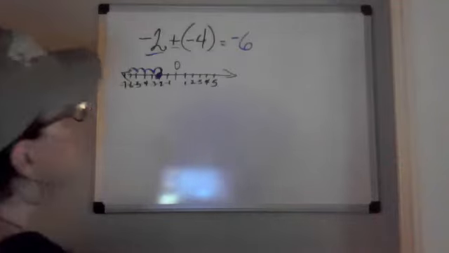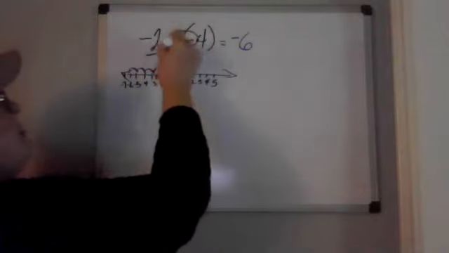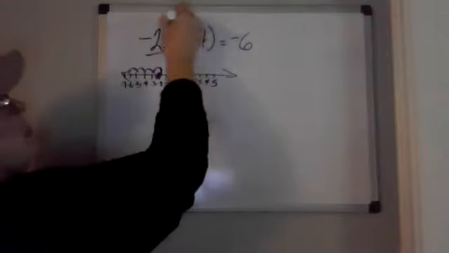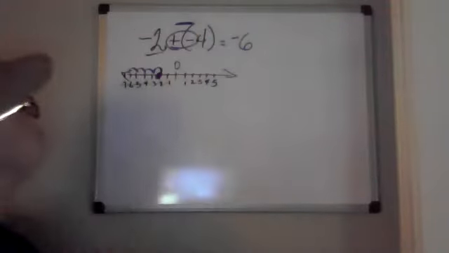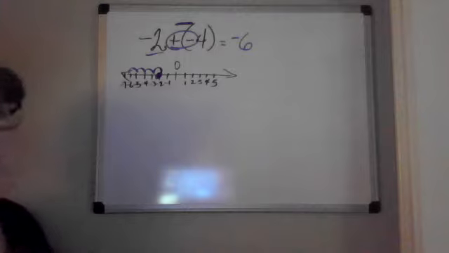Now, if you want a shortcut, just don't get confused. A plus and a minus that are right together mean minus. If they're right next to each other, a plus and a minus means minus. And you can just circle that up and change the sign.